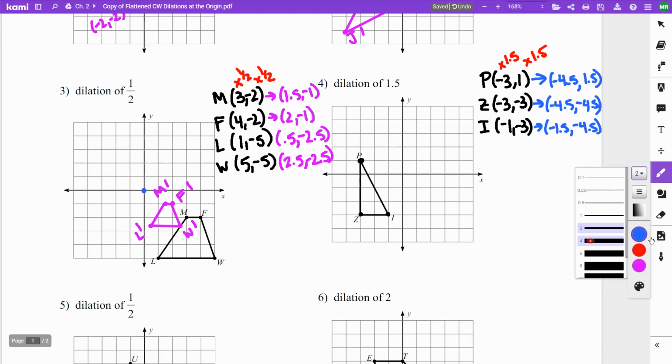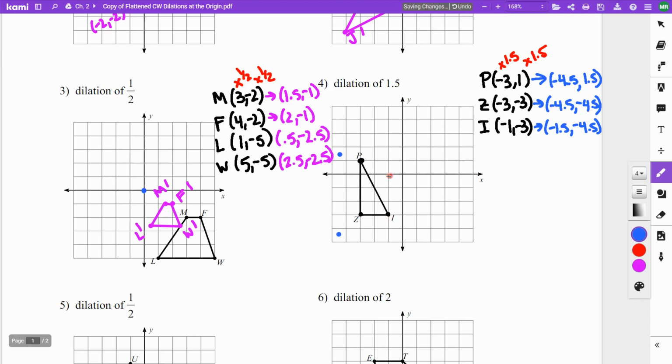I'm going to go to negative 4.5, 1.5. I'm going to go to negative 4.5, negative 4, 1, 2, 3, 4 and a half.